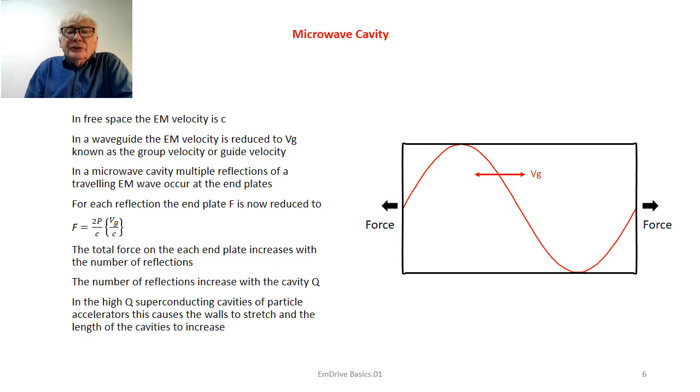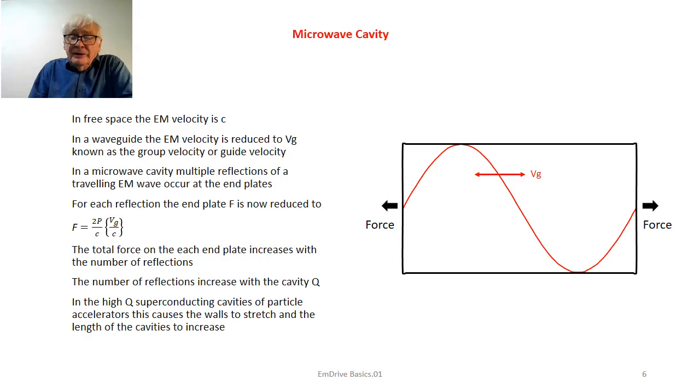So this is the force at each end plate, and it's a symmetrical cavity, so these forces are the same, but opposite. The total force that you generate inside the cavity increases with the number of reflections and is controlled by a term known as the cavity Q value, standing for the quality value of the cavity.